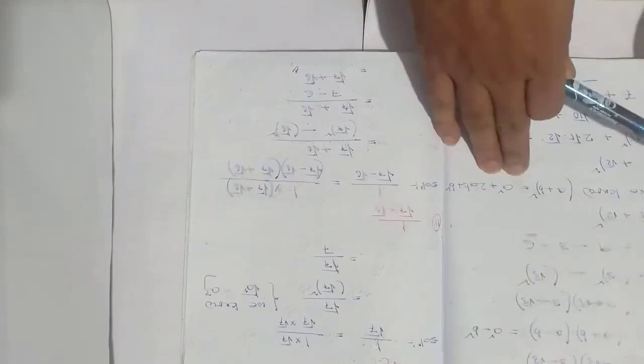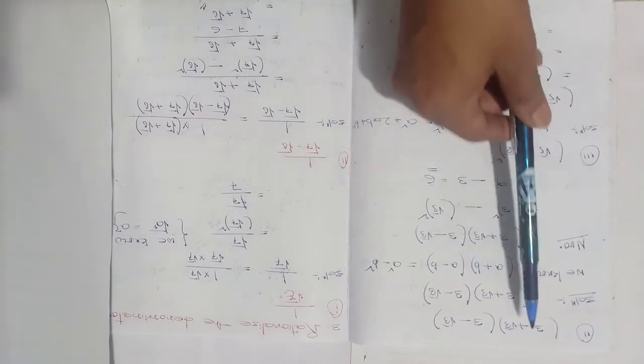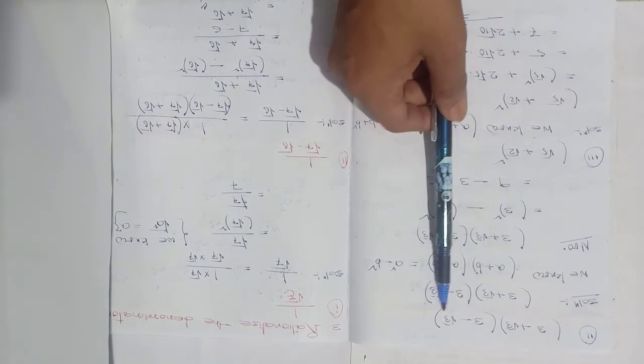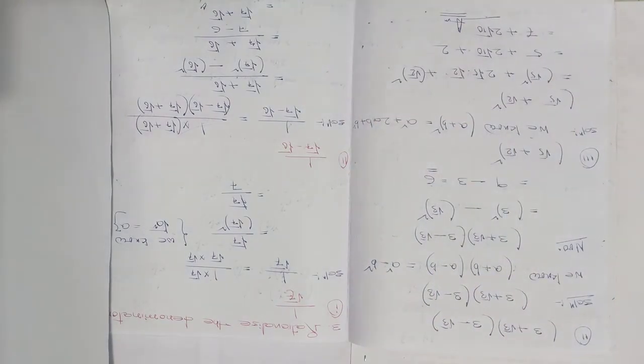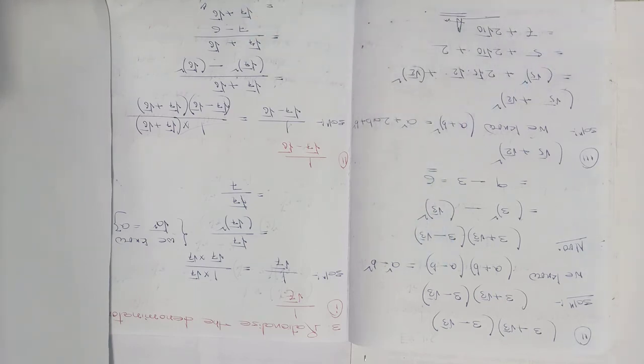Next question is 3 plus root 3 into 3 minus root 3. Students, 3 plus root 3 into 3 minus root 3. So we can use an identity, a plus b into a minus b.